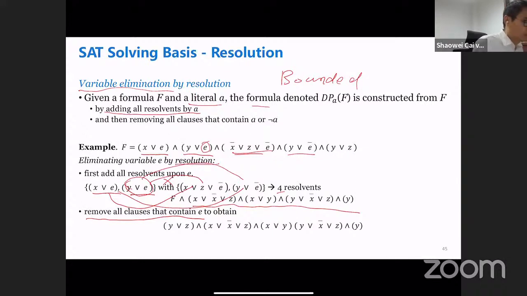Sometimes the resolution can introduce many clauses, and this number can be bigger than the number that we removed. So bounded variable elimination considers only the good cases: if the resolution on a variable does not increase the number of clauses, we perform this pre-process.